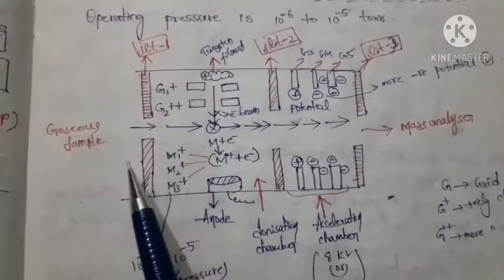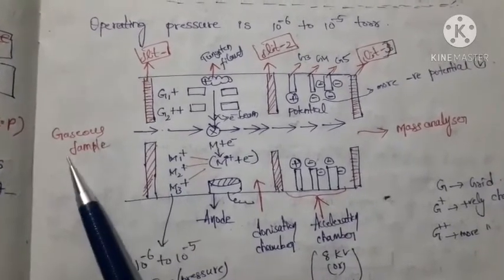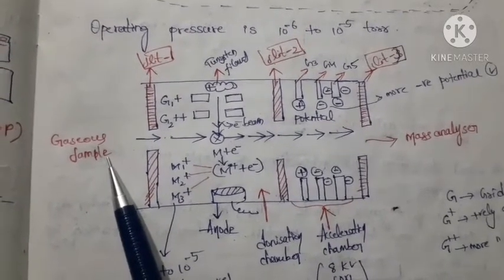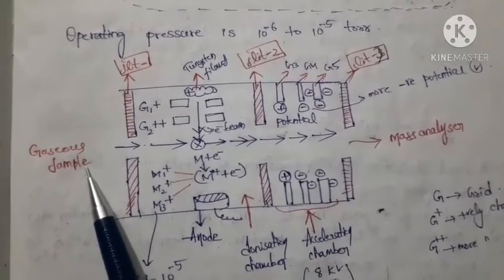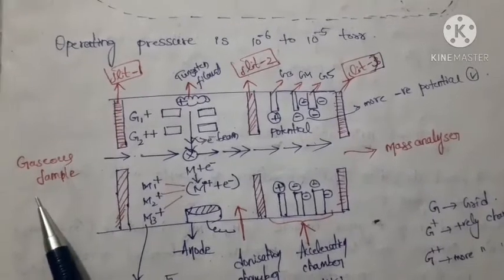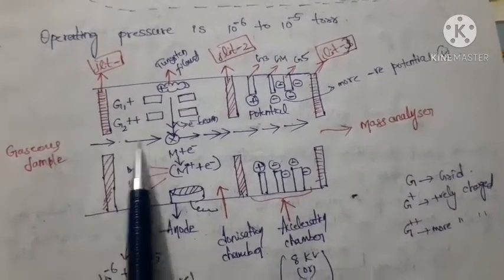See, first, this is the gaseous sample. If we take either solid or liquid, we may take anything, but here it will get converted into the gaseous form, so that the gaseous sample first enters into this.